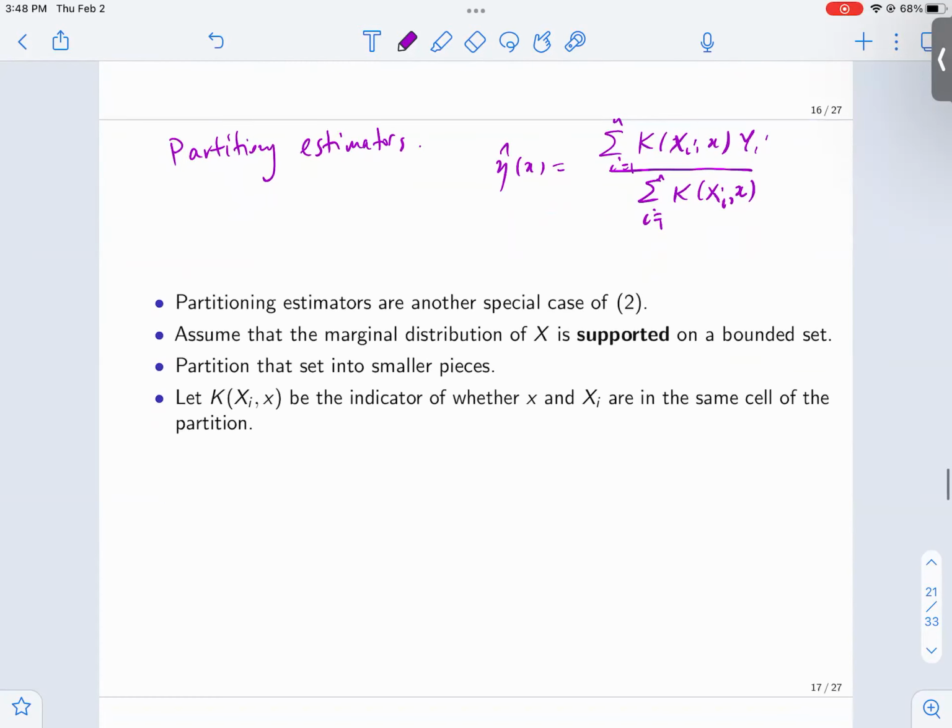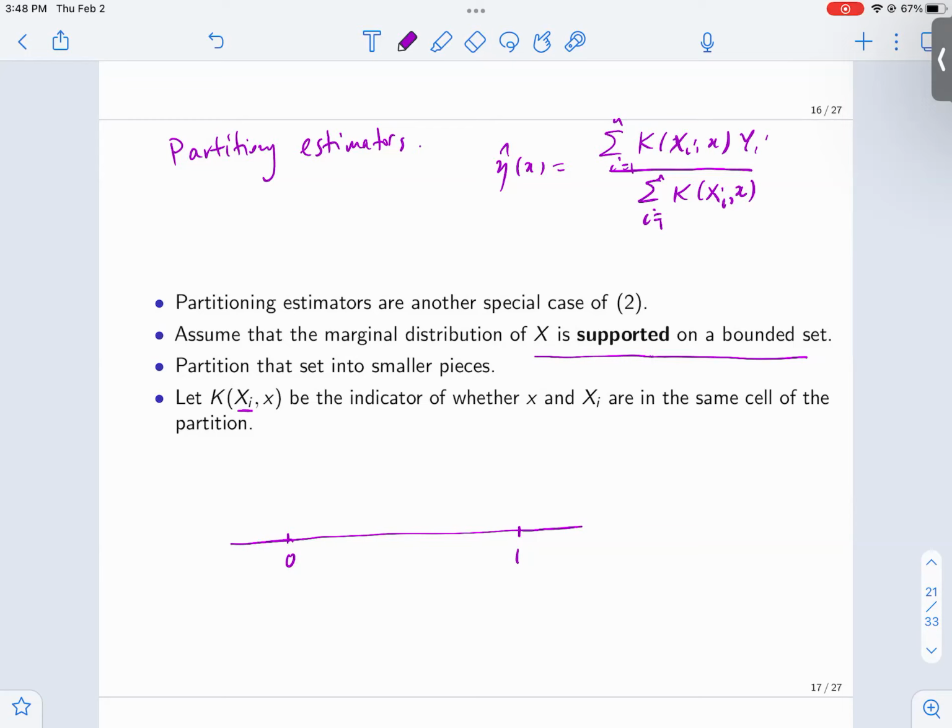So what I can do, in the case where the distribution of x is supported on a bounded set, for example in the univariate case, is find an interval such that whenever I sample from the distribution, I'm always in this interval. So the distribution puts all the mass here. Let's say for simplicity this is 0 to 1. We can always rescale all our covariates, these x's, to be in 0 to 1.